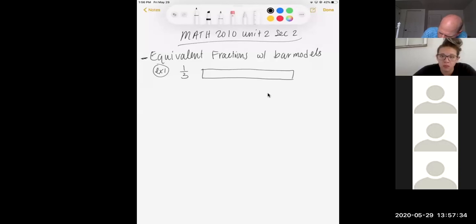I'm going to draw it longer because the pieces will get small. Okay, so here's 1/3. We need two other equivalent fractions. Can anybody name two equivalent fractions for 1/3? 2/6. Okay. I'm going to put equals vertically and do 2/6 equals vertically and 3/9.